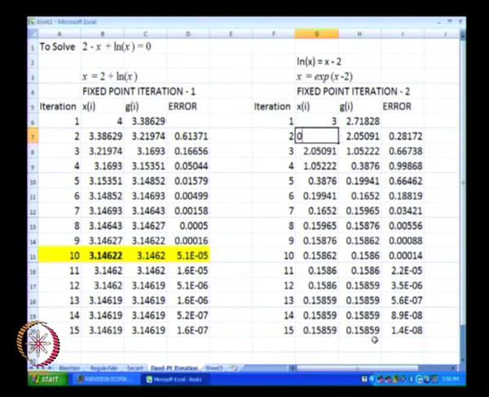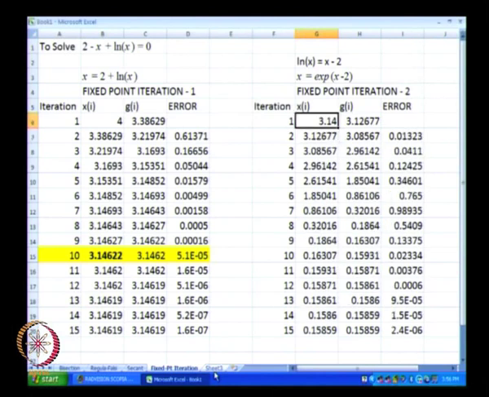In fact, if we start with xi very close to the solution, let us say 3.14, which was very close to the true solution 3.146, what we find is that our solution still goes to the other solution, 0.1586.